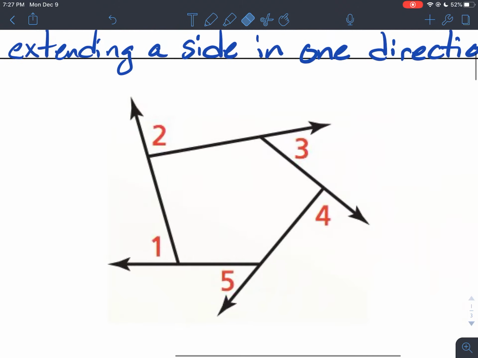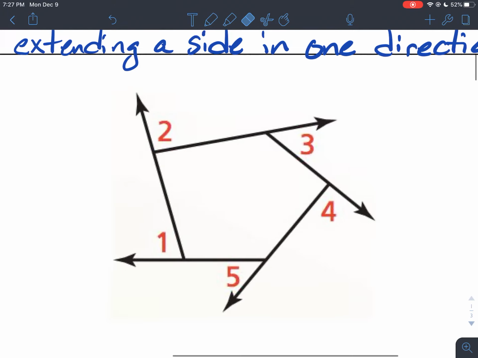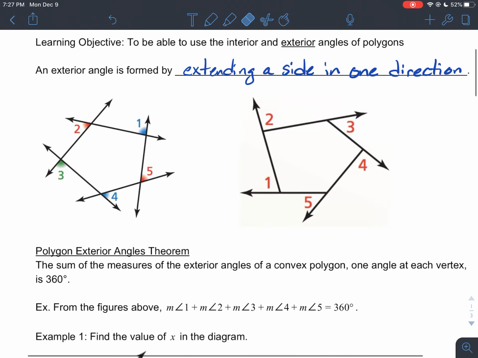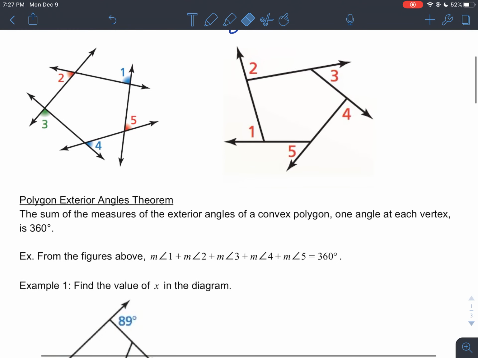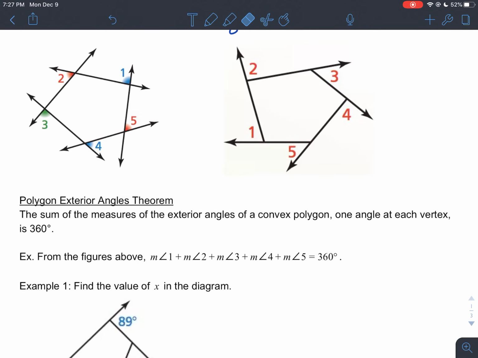Okay, I think the second picture does a better job of illustrating that, where when you extend it in one direction, the angle in between that extended side and the side of the shape is your exterior angle. All right. So this is the polygon exterior angles theorem.